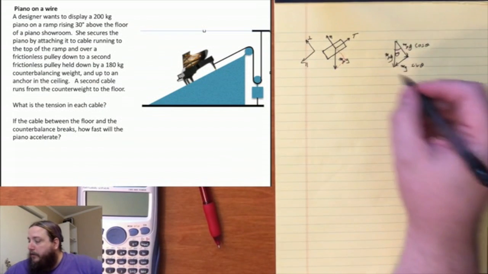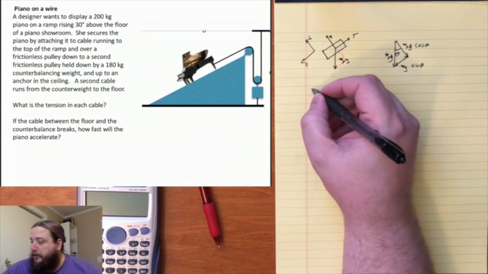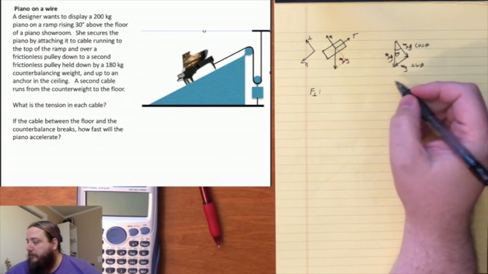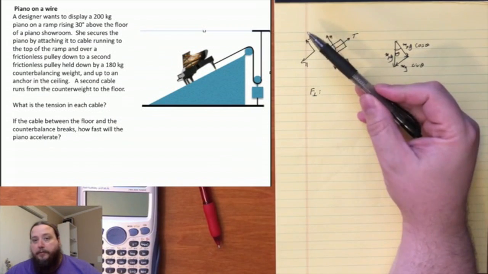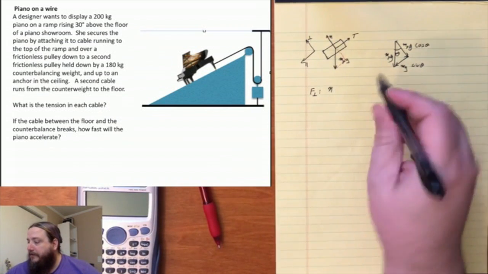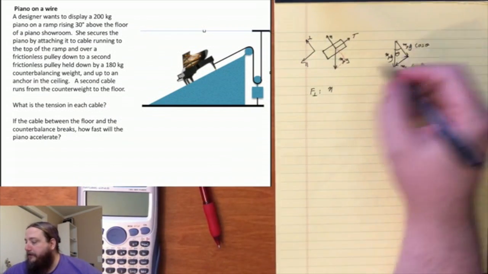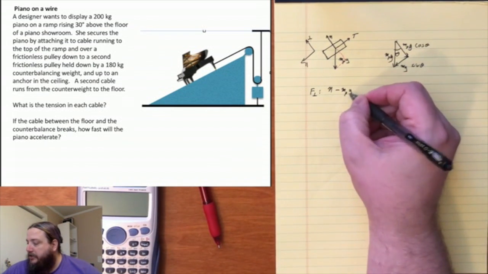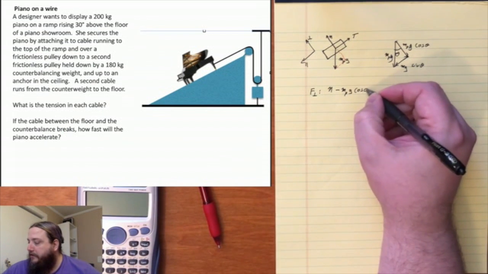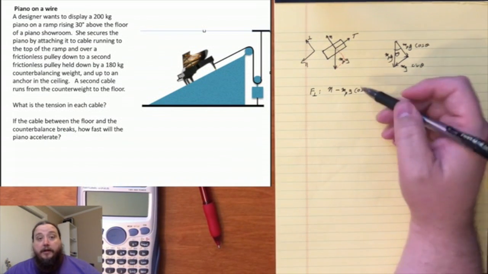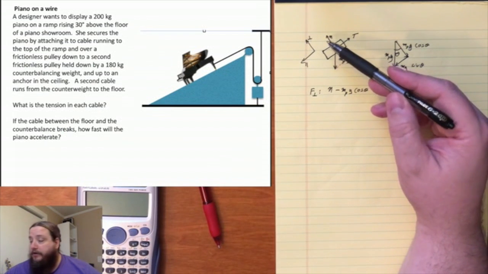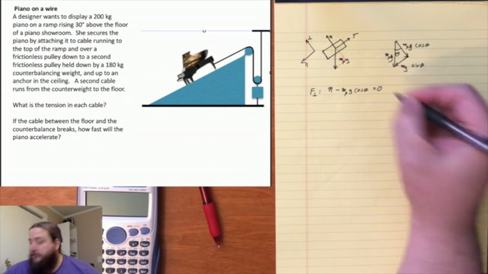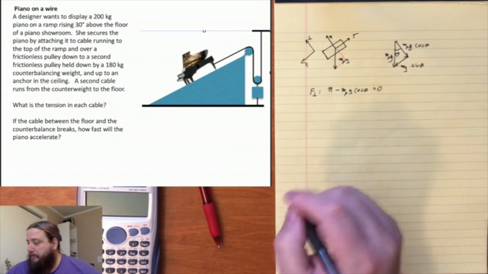And so our perpendicular components of force are going to look like this. We have in the positive perpendicular direction our normal force, and in the negative perpendicular direction minus mg cosine of theta. We're not expecting or desiring our piano to accelerate in the perpendicular direction, so that's got to be 0.